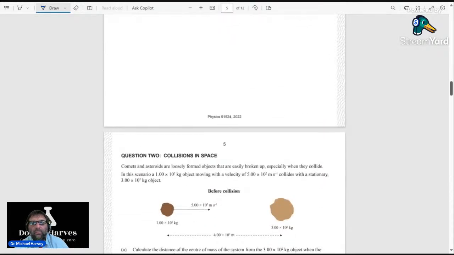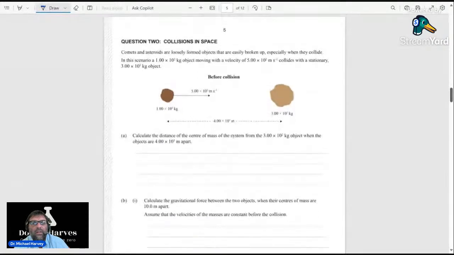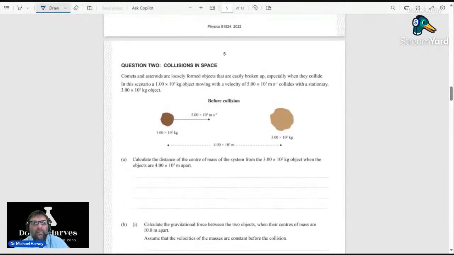Okay, so that's the first question around angular momentum and angular velocity. You have to have an understanding of conservation of angular momentum going into the exam, because that will definitely be assessed in some context, and also looking at torque as well. So get familiar with those equations.